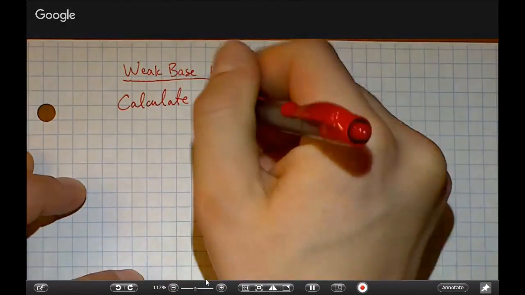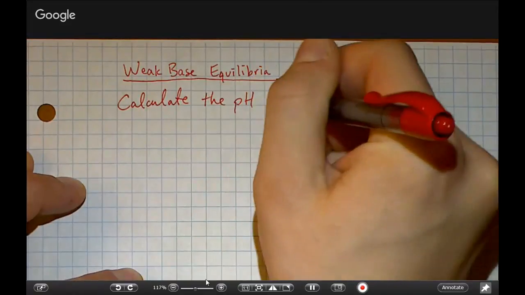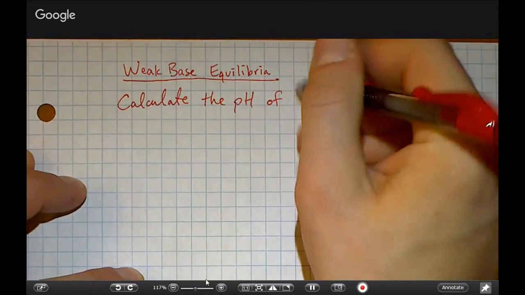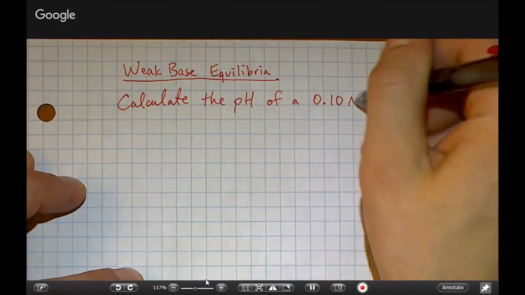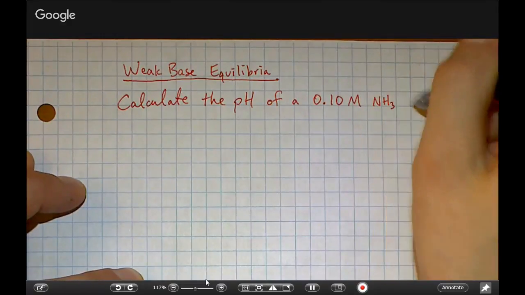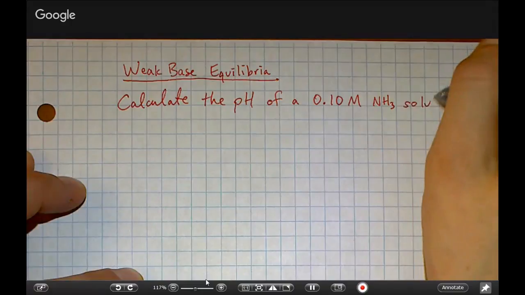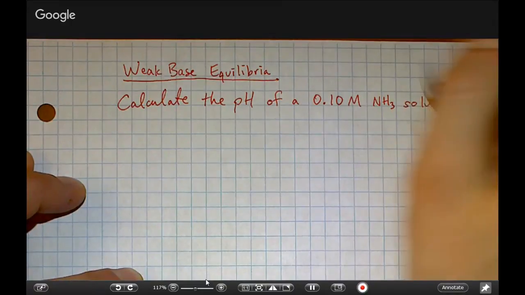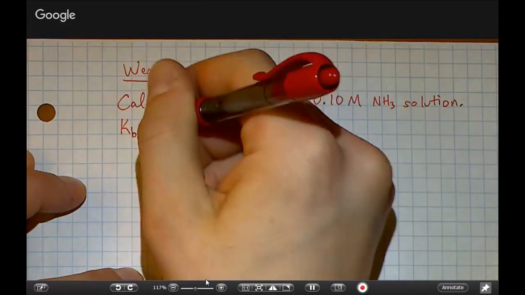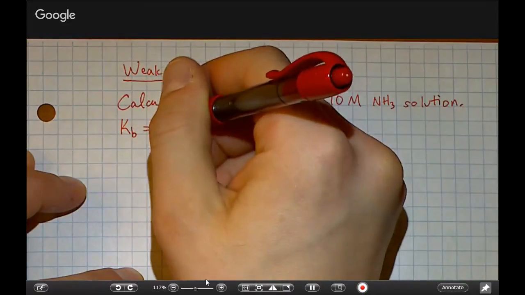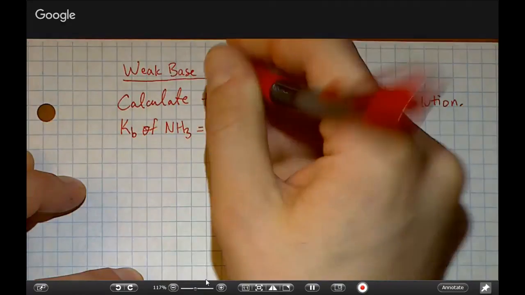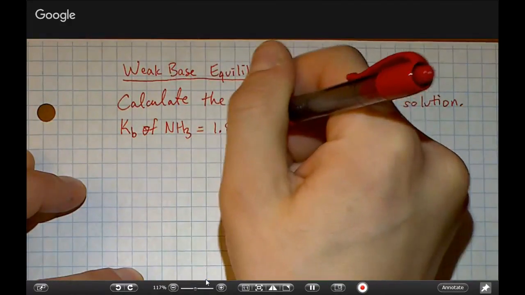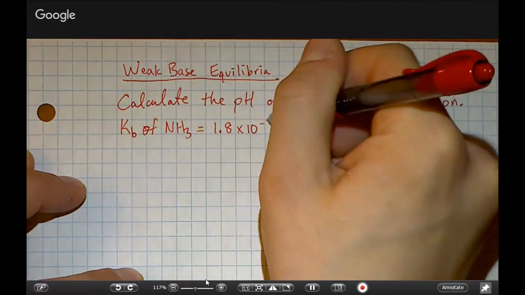Calculate the pH of a 0.10 molar NH3, or ammonia, solution. Kb of ammonia is 1.8 times 10 to the minus 5.